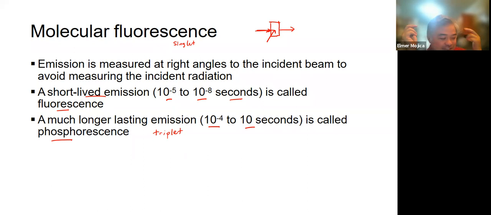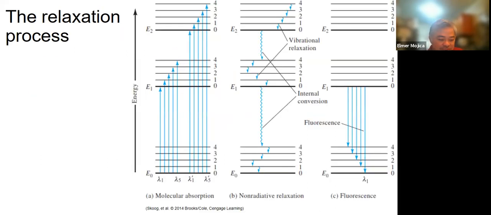So it's just relaxation, okay, from singlet excited state, that's the fluorescence, and relaxation from triplet excited state, and that's what we call phosphorescence. Okay, and if you're going to look at this relaxation process, I think this is the summary that you can have.